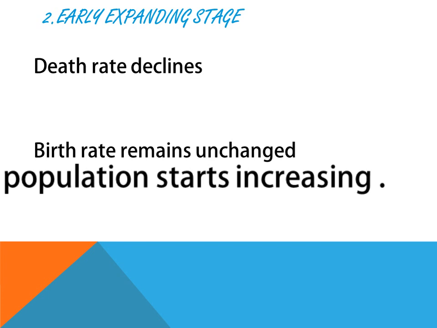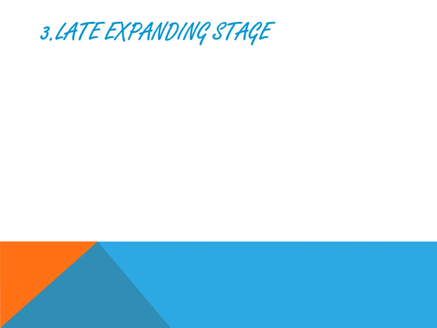And we have seen that this early expanding stage was a result of improved health conditions and shortening of breastfeeding, because in some areas they used to breastfeed the child till 3 years of age and they used to wean him later, and due to that there were deaths in the population. So these interventions have led to this stage, and many countries in South Asia and Africa are in this phase.